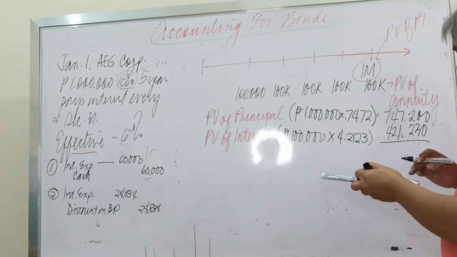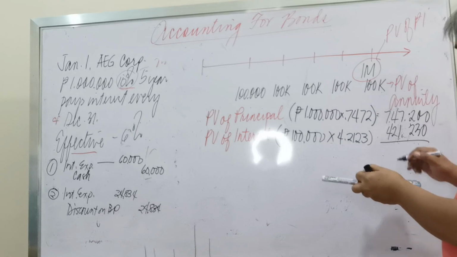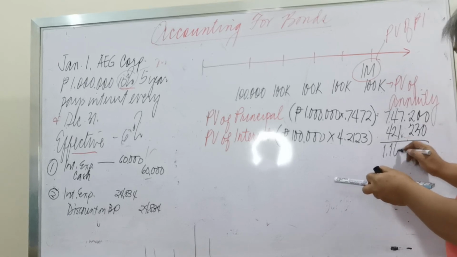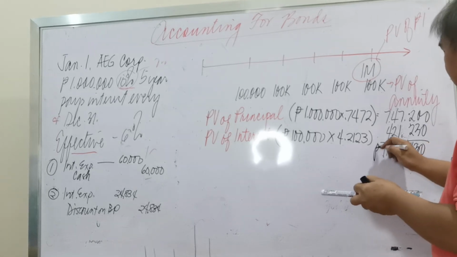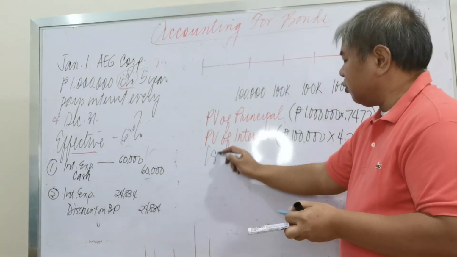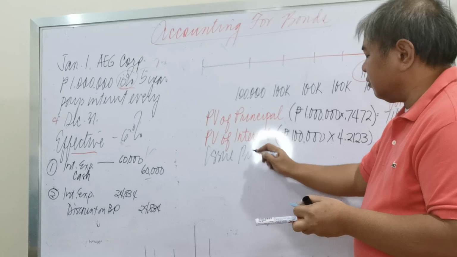Adding 421,230 plus 747,200, this is 1,168,430. So this is now the issue price of the bond.